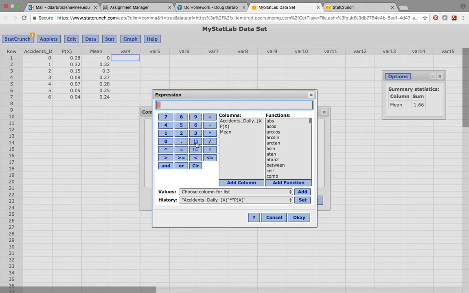We need the x values minus the mean, which was 1.66. And then we want to square that. And then we want to multiply it by the probability.